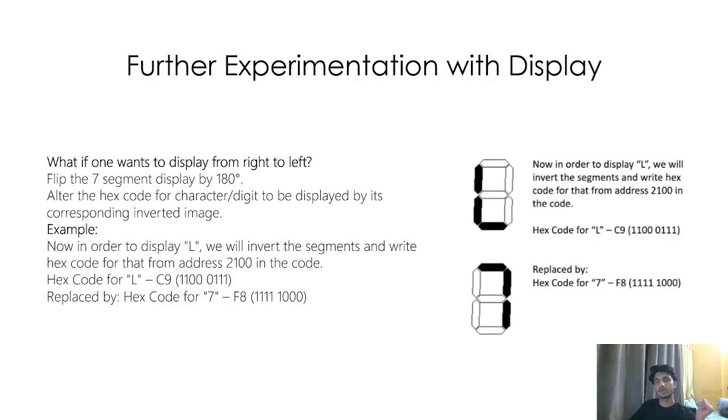So what we also need to do is invert the hex code for the character. For example, to display the letter L, after flipping it we don't use the hex code for L, we will use the hex code for 7, which is basically the mirror image of L. This way, if we display the code in the inverted manner, we will get it in the leftward direction.